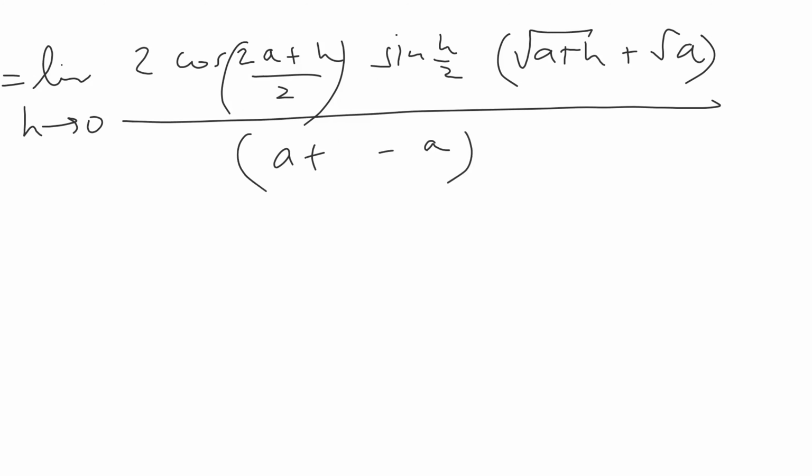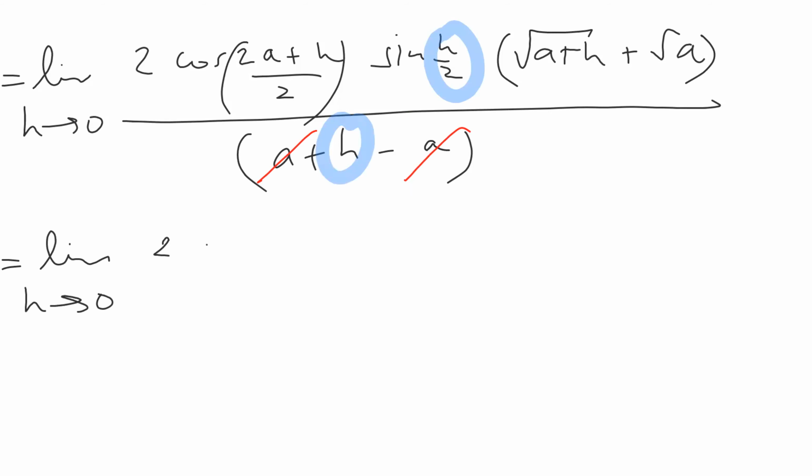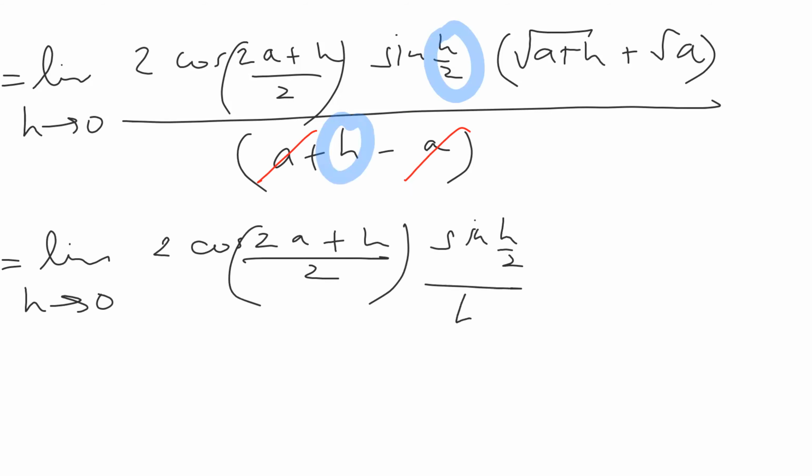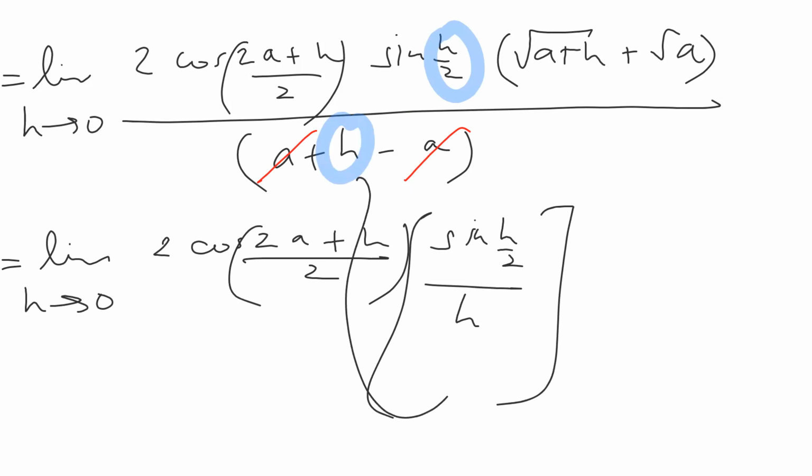Okay, so we are left with only h term. Now this h term will be given to sine term. The angle over here is h by 2, so down also we'll make h by 2, twice h by 2. 2 cos of 2a plus h the whole upon 2, sin h by 2, divided by h, and this is root a plus h plus root a.